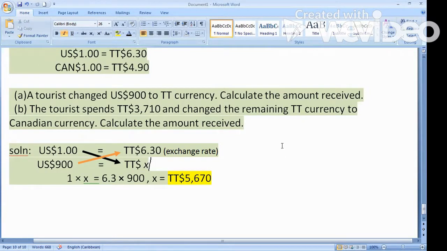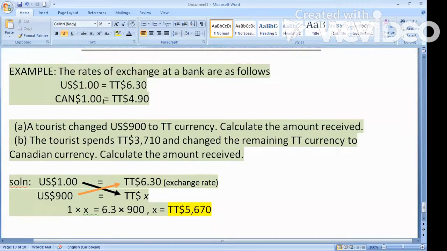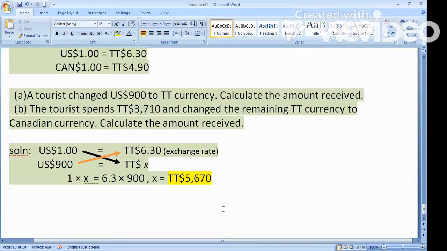Notice, anytime x is on the right hand side, you multiply. And when x is on the left hand side, you divide. So after the tourist spends US 900, he or she receives 5,670. Now the tourist is going to spend some money out there, probably on a guest house or something like that. So this is the solution for A.